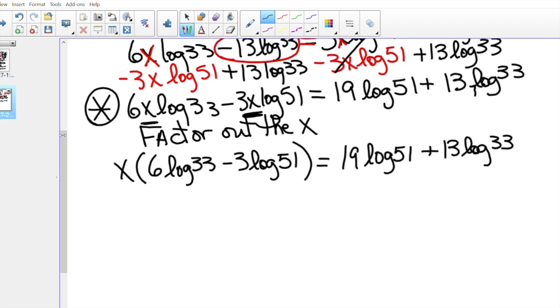If you can get over that hump, that's the major problem right there. If you can get over that, I believe that the rest of it is smooth sailing. So all you have to do is divide both sides by this.